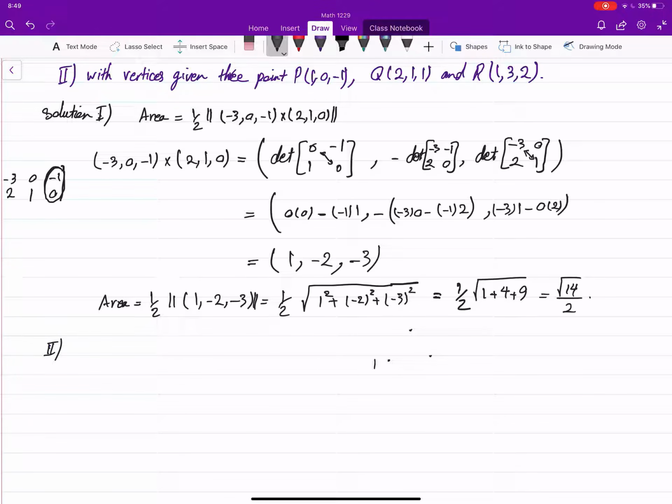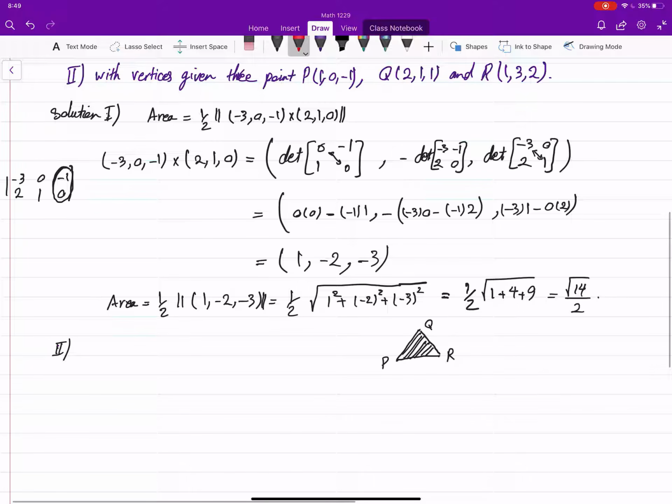So here P, Q, and R form a triangle. What you need to notice here is that if I have P and Q, and P and R, for each one I can make a directed line segment, yes?